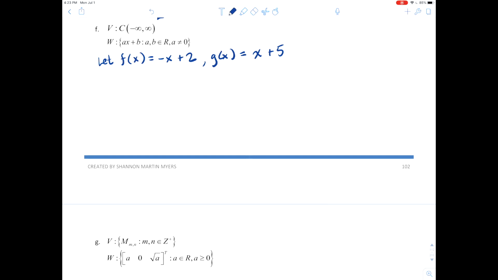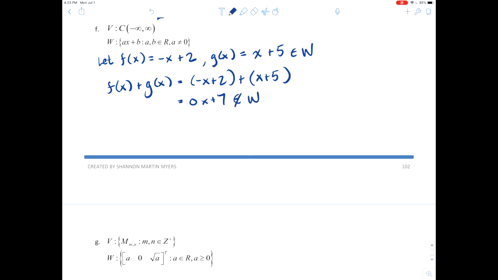If I add the two of them, which you would agree are both from the set W, right? If I add f of x plus g of x, what happens? I would get negative x plus 2 plus x plus 5, which is 0x plus 7, which is not an element of W.